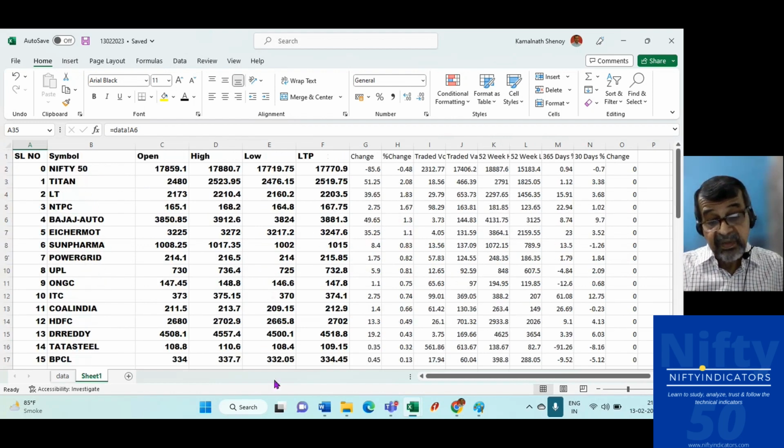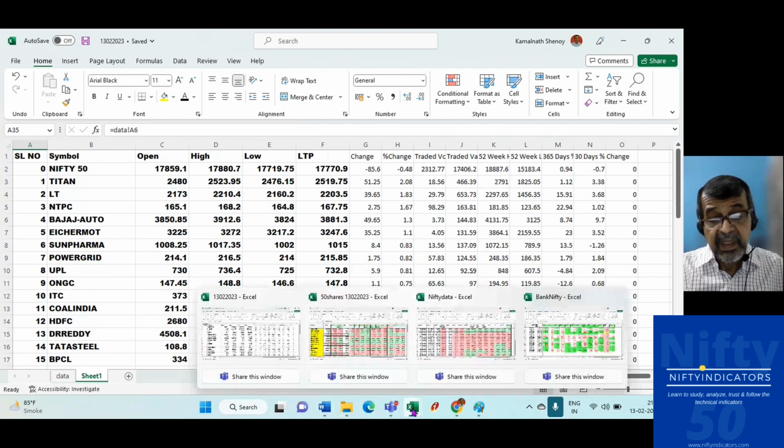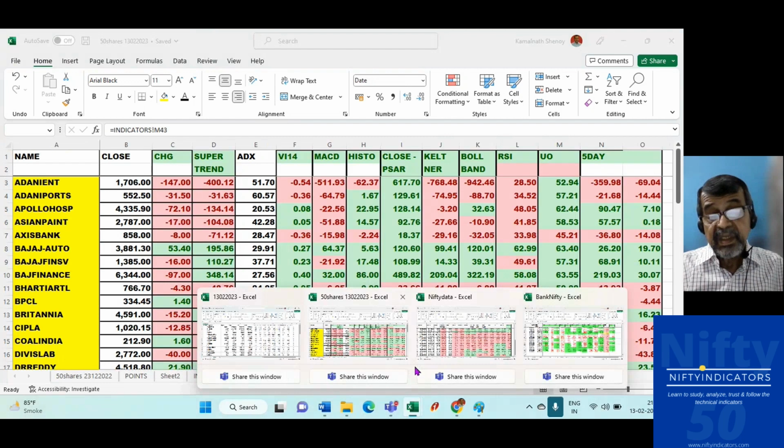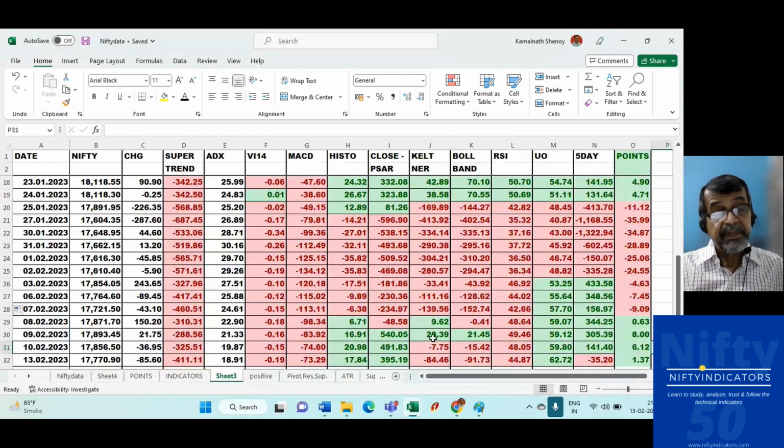Now let's have a look at the Nifty. This is the Nifty's combo for the last couple of weeks. See what they are saying.